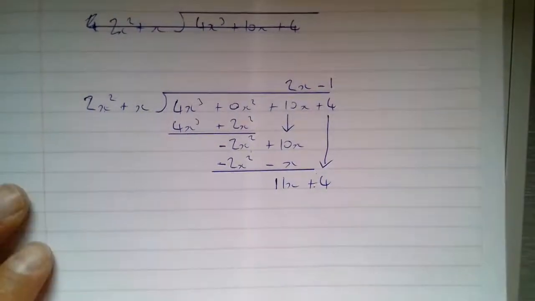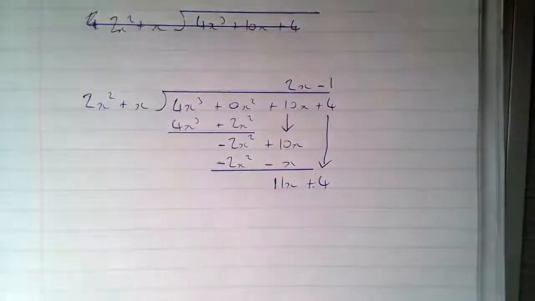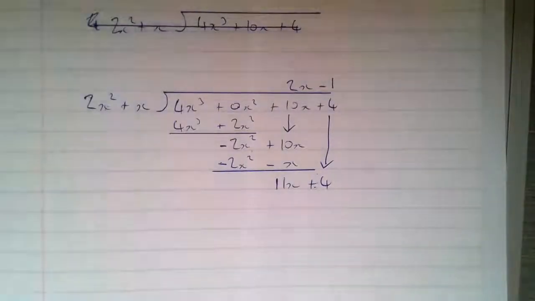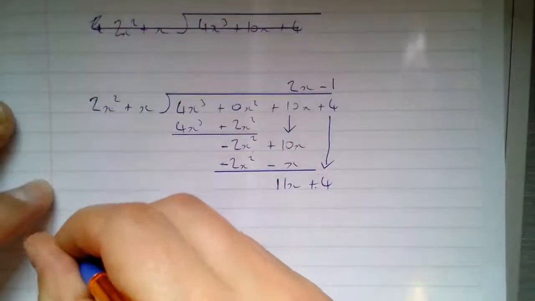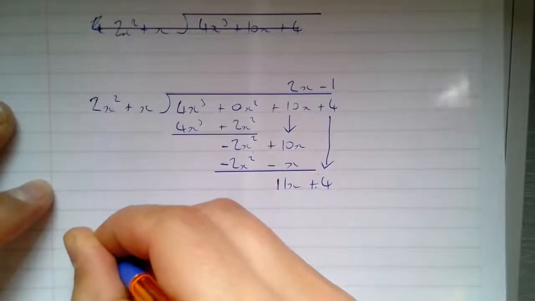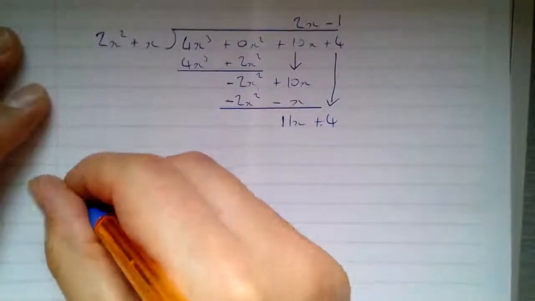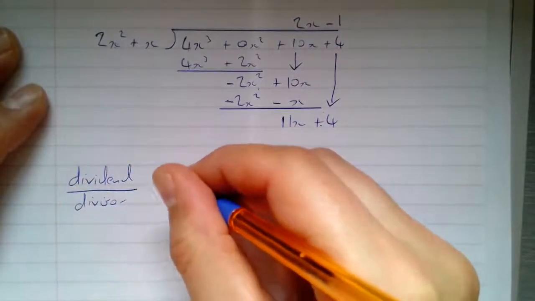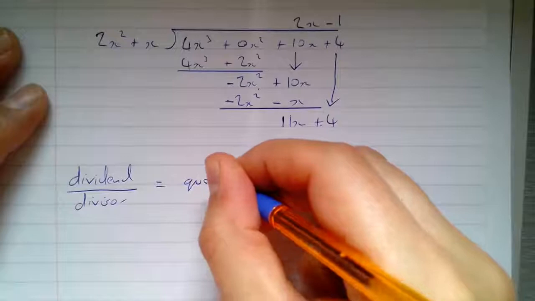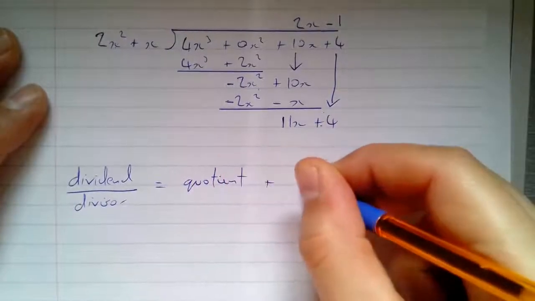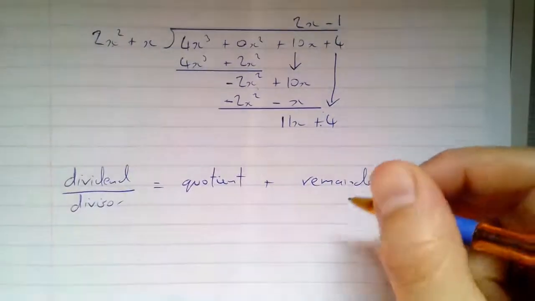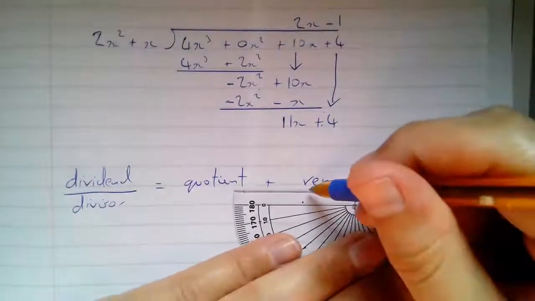So I can use what I did yesterday, this idea: dividend over divisor equals quotient plus remainder over divisor.